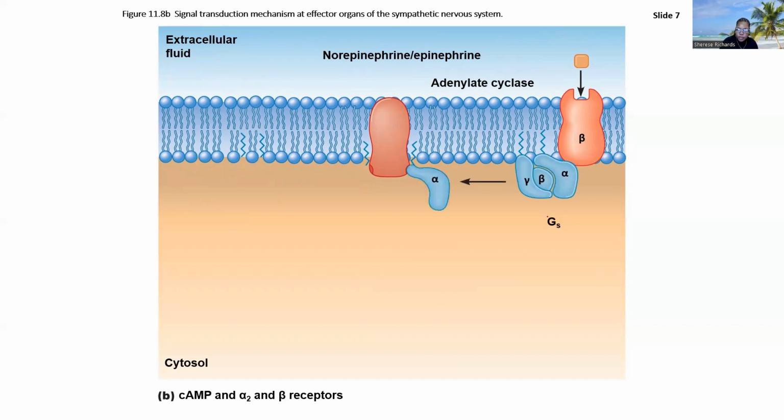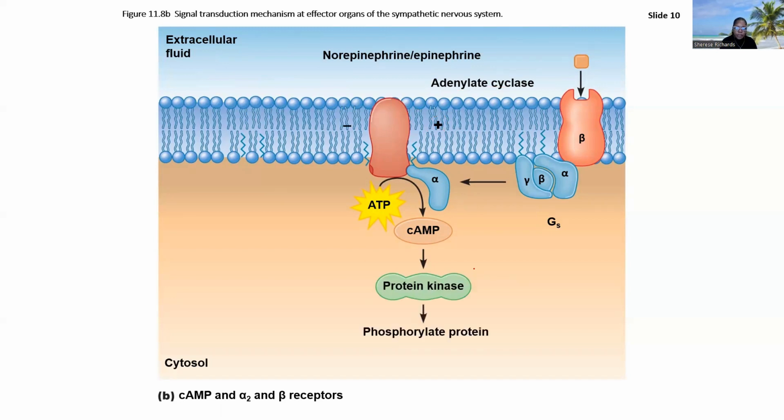Because it was a stimulatory protein, it's going to activate or increase the amount of cyclic AMP that is made by the amplifier enzyme, which is adenylate cyclase in this case. So we generate cyclic AMP, and that cyclic AMP will stimulate protein kinase, which will phosphorylate some protein in this cell, again, depending on where we are specifically, and that will generate our cellular response.